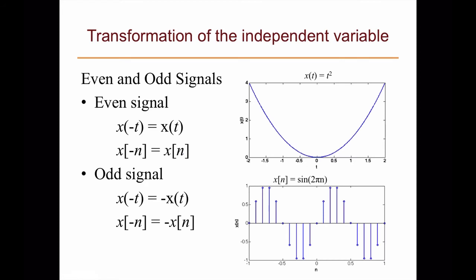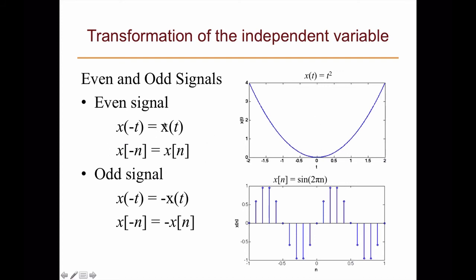This is a different classification of signals. A signal can be even or odd, and even signals have certain characteristics which are different from odd signals. For an even signal, x minus t will equal xt. The flipped version of xt will equal itself, meaning that it is symmetric about t equals 0.